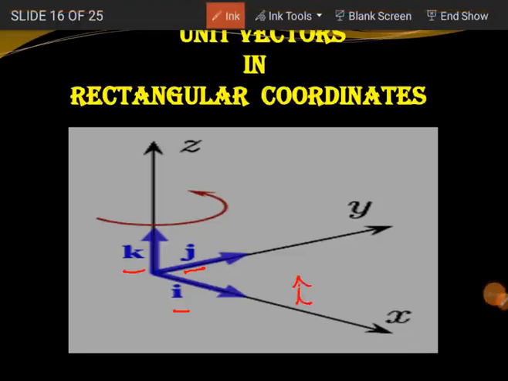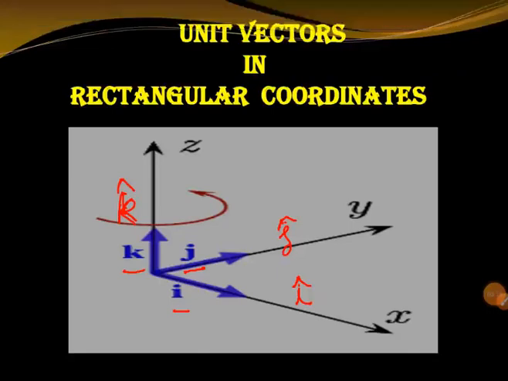So the unit vector i cap is the unit vector along the x-axis, and if it is a unit vector along the y-axis, then it will be represented by a small j with a cap over it, and for the z-axis it is represented by k cap, small k cap, like this. So i cap, j cap and k cap are respectively the unit vectors along the x-axis, y-axis and z-axis.